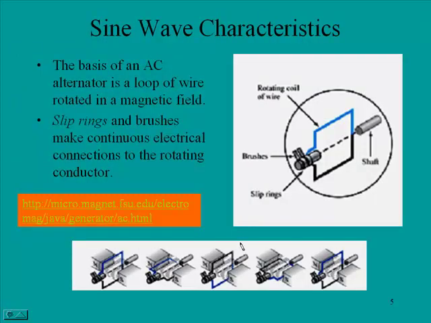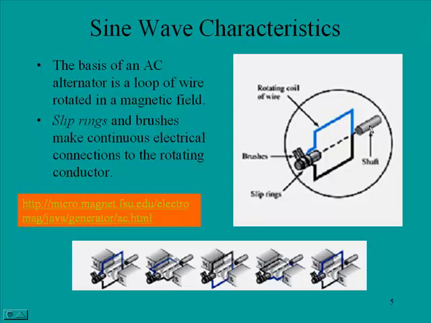Okay, sine wave characteristics. The basis for an AC alternator or generator is a loop of wire rotated in a magnetic field. Here we have a coil of wire that is rotating, and it's very important to remember that it is rotating.